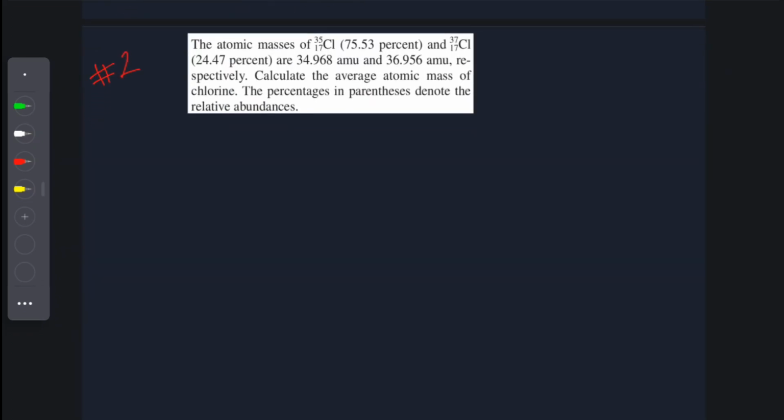So in the second question, the atomic mass of chlorine is 35, and this is 75.53%. And the other isotope is 37, and this is 24.47%.